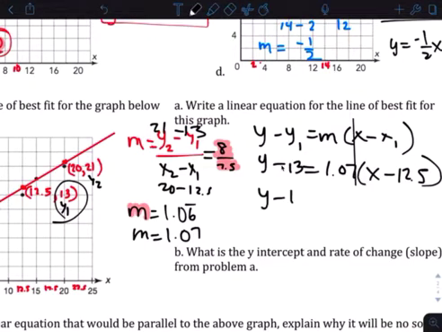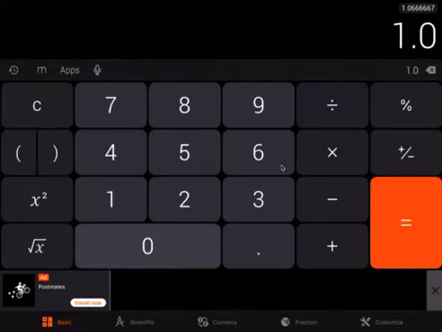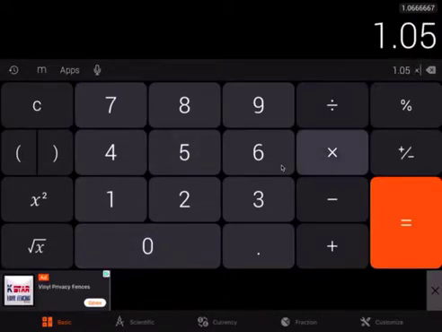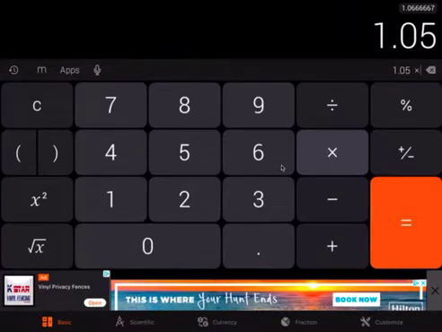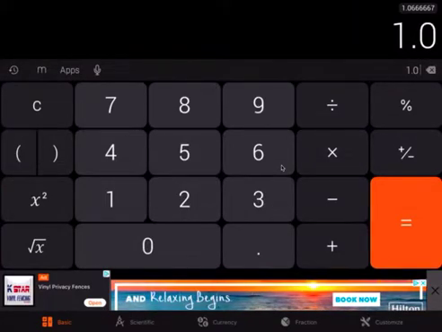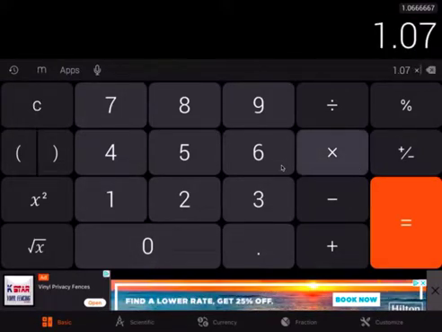So you get y minus 13 equals 1.07x, and you multiply this together. So on your calculator, 1.07 times 12.5.